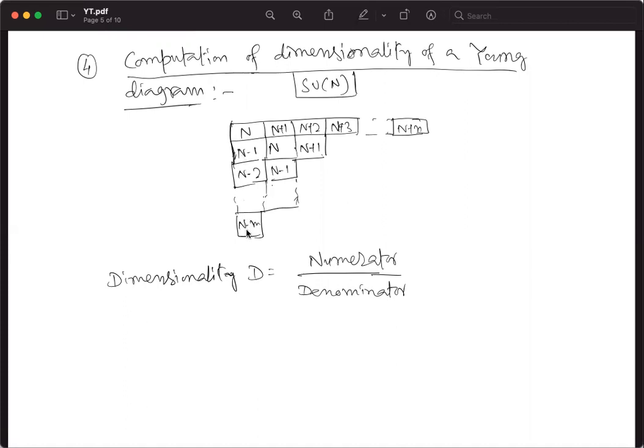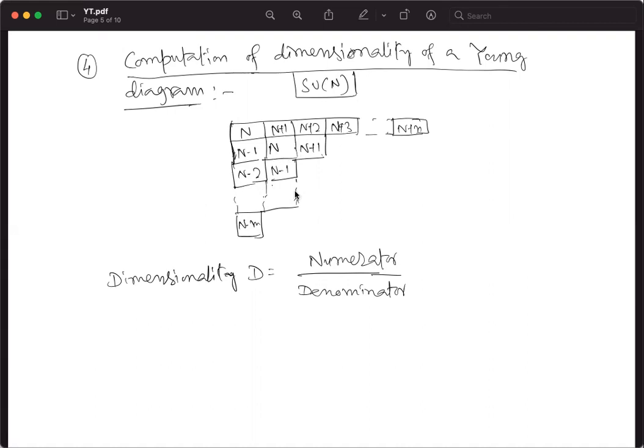So if there are m boxes, we reduce by m units, and if you have n boxes horizontally for a given row, it will be increased by n units. And we follow the same thing for each row. Like if you start with n minus 1 here, increase by 1 unit, so it is n and then n plus 1. And if it's n, then downwards n minus 1. So in every angle, this numbering rule must be consistent.